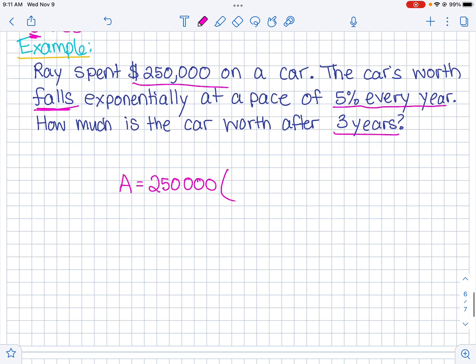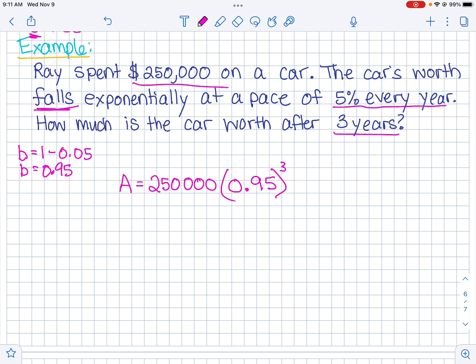So to find our base, we would do 1 minus 0.05. So our base would be 0.95, so our base is 0.95. And we want to know how much the car is worth after 3 years, so we're just going to raise it to the exponent 3. And then we're just going to calculate that.